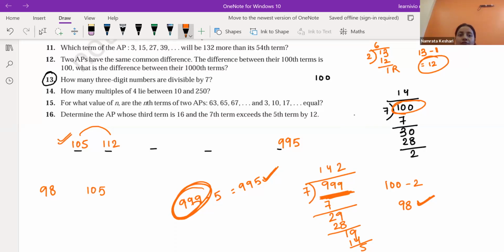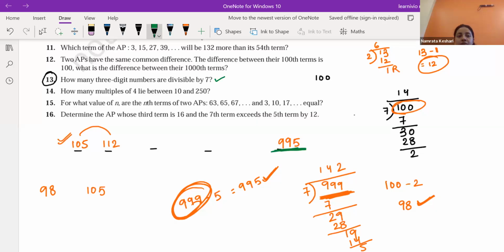Now if you find this, 995 is sitting at what place? What is the n over here? You will be able to say these many terms are there in our AP, right? Yes, ma'am. Question number 13 is clear to all of you, right?